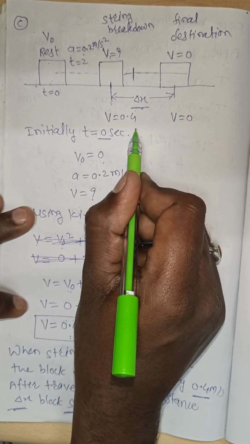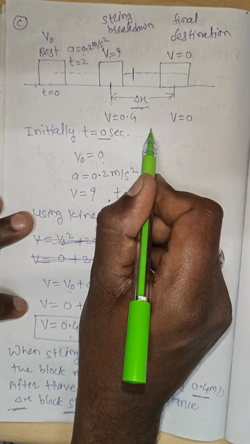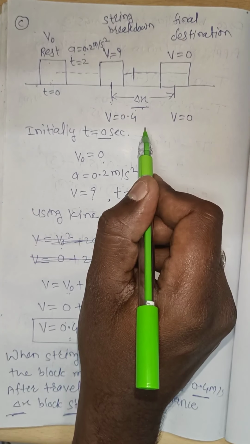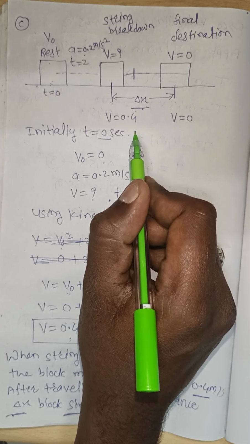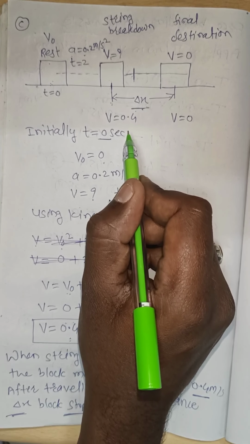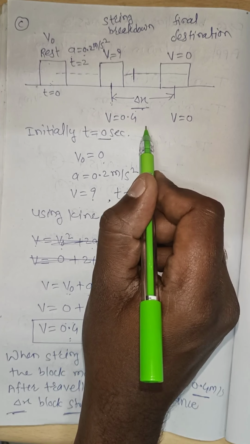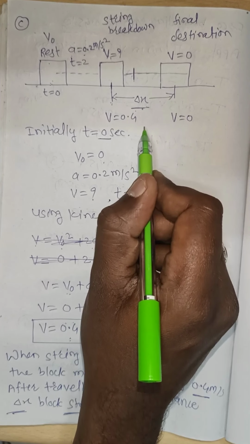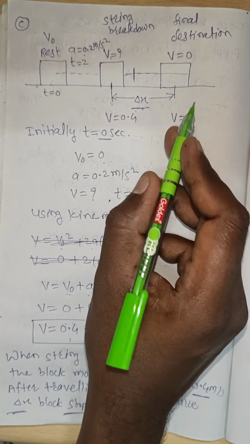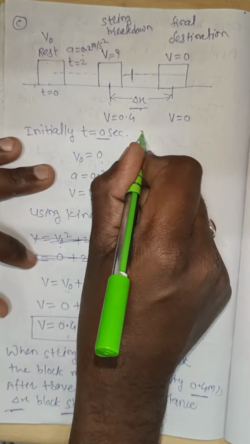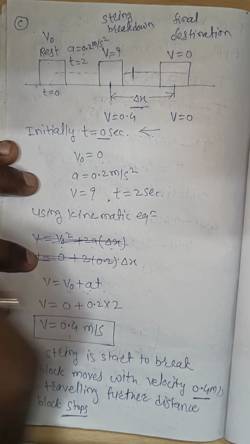That means the velocity will decrease. When velocity decreases, what is the direction of acceleration? The direction of acceleration is opposite to the direction of motion. From here to here, the direction of acceleration is this direction.